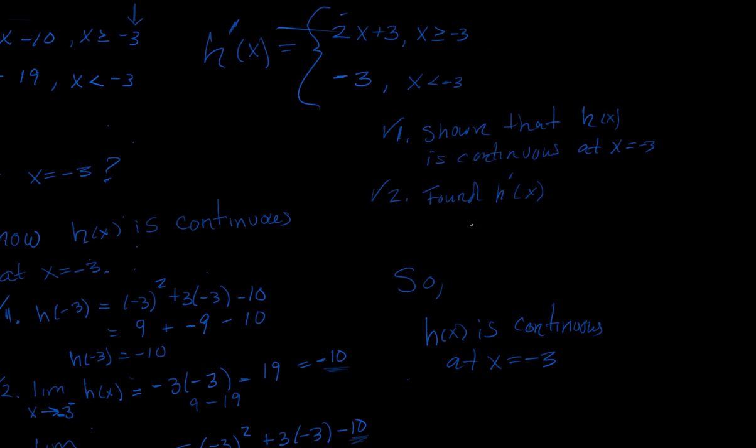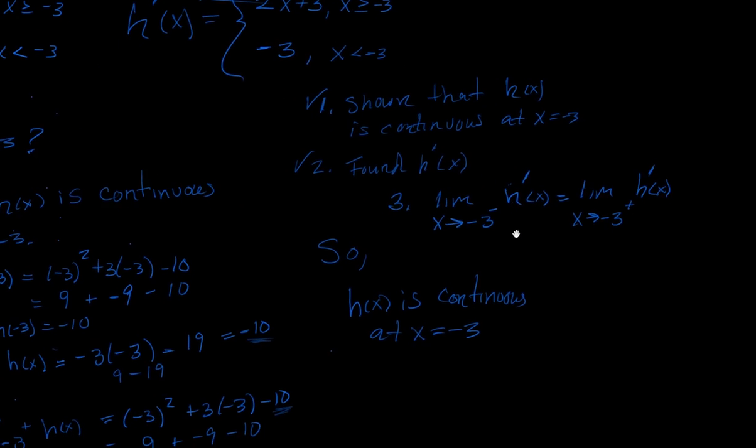And so now we just have to show that the limit as x approaches -3 from the left of this derivative is the same as the limit as x approaches -3 from the right for this derivative. Let's do that right here.